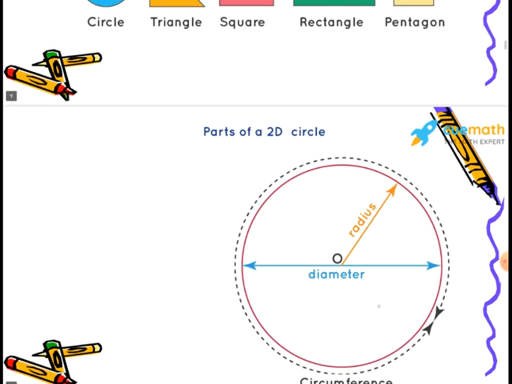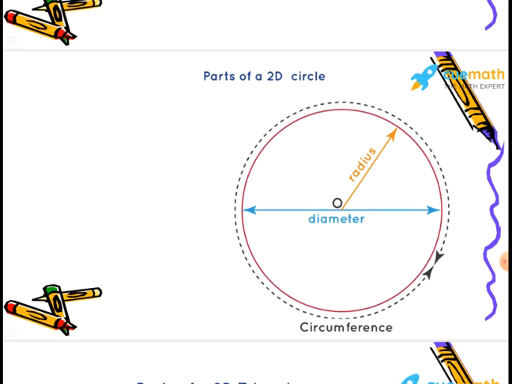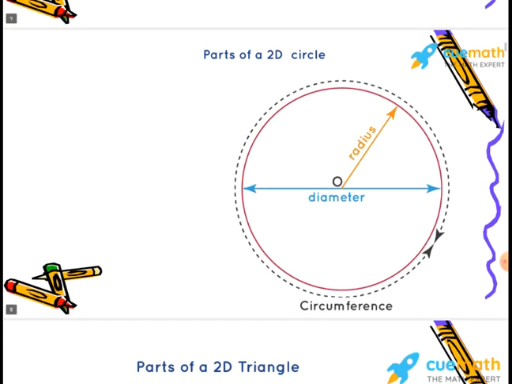Okay, so yung parts ng 2D circle, we have the radius, and yung radius ay kalahati ng diameter, and yung diameter is from one point to another point ng circumference niya. Okay, so ibig sabihin yung 2 times the radius is equal to diameter, and yung kabuuang circumference niya yung nasa gilid na linya, no? Yung buong linya ng circle is the circumference.